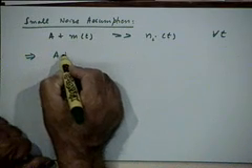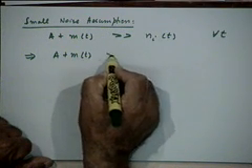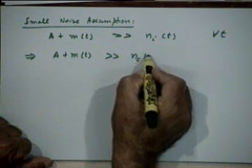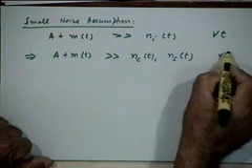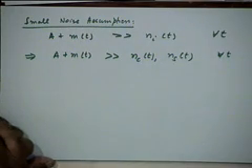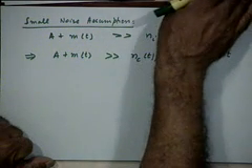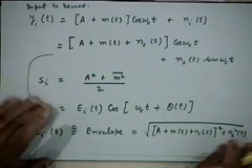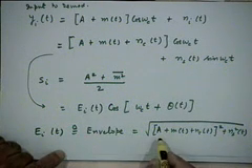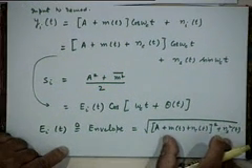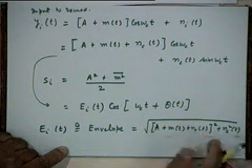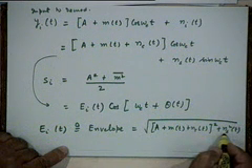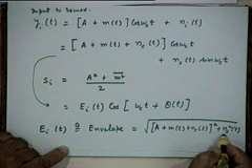This will of course also imply that A plus m(t) will be much greater than either n c of t or n sub s of t for all time. If that happens, look at the envelope expression. Obviously, this term, the square plus this square, will be dominated by the square of the first term, and we can ignore the contribution of the second term.